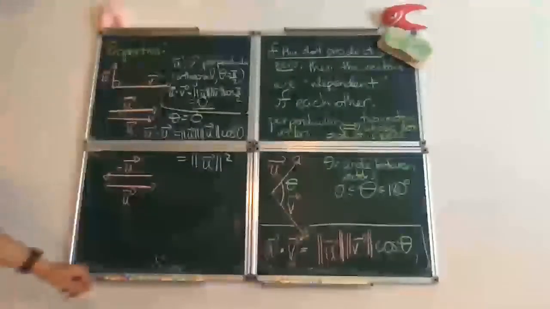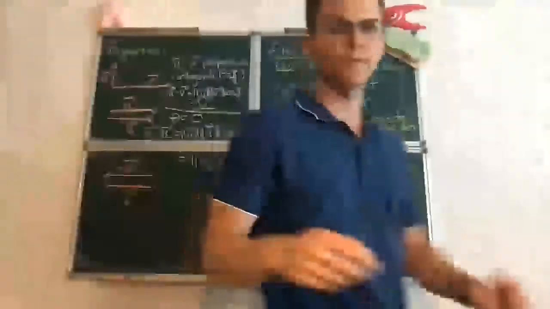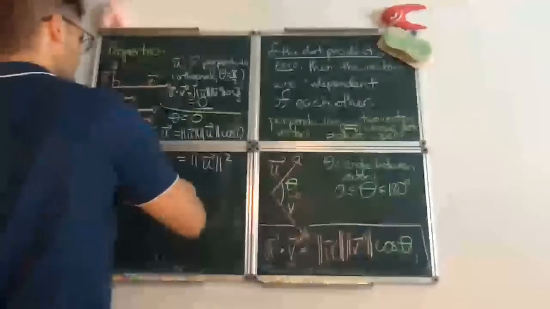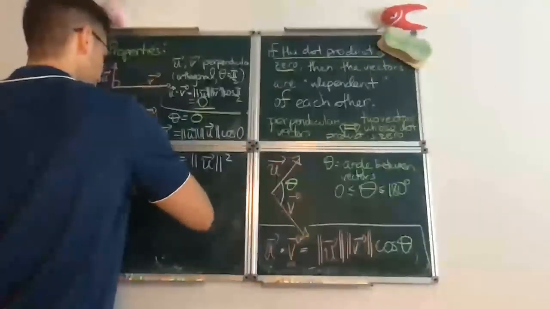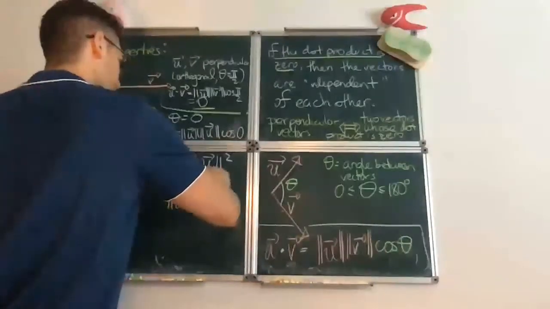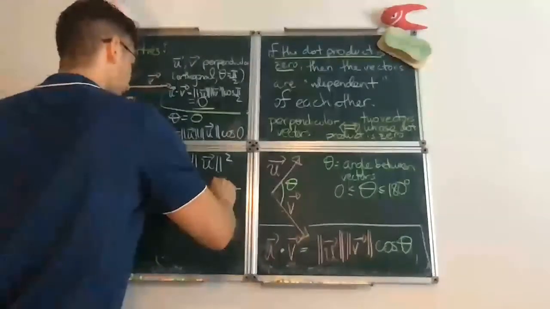And so from here you also find a very useful formula. What this is saying is that if you take square roots on both sides, the size of a vector is really the square root of the dot product of that vector with itself.